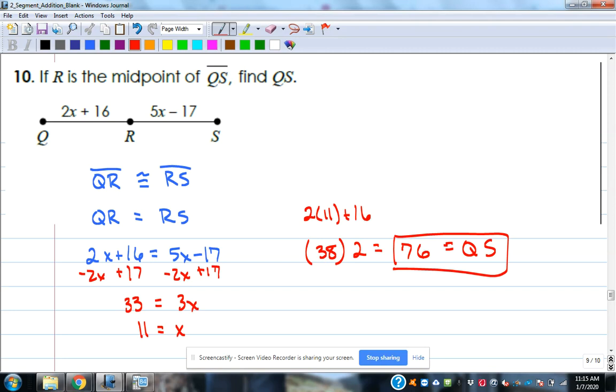Number 11 is very much the same thing, but one key difference is that they give you FH on this one. Do you have to use that? So let's look at number 11.